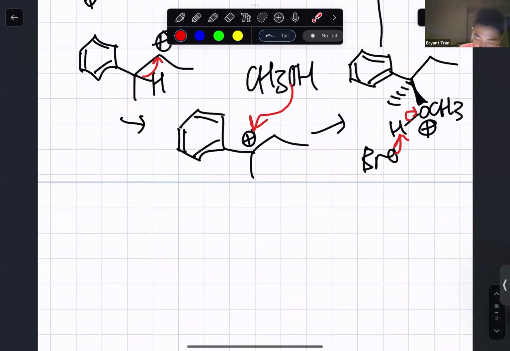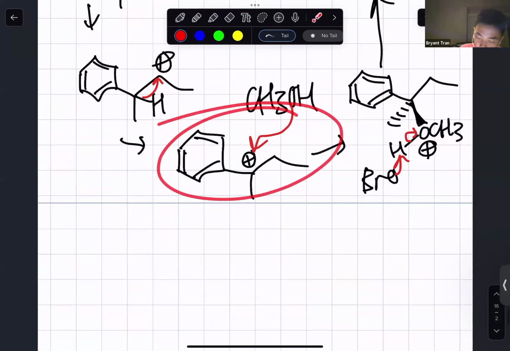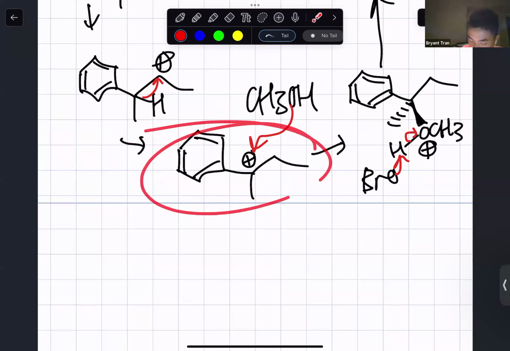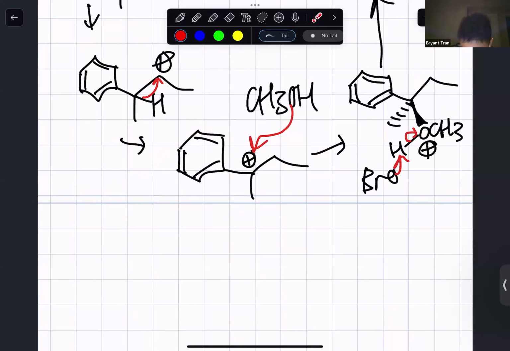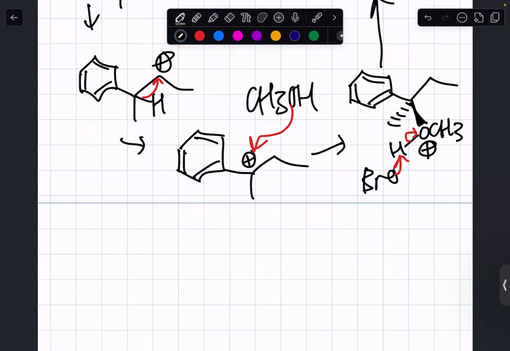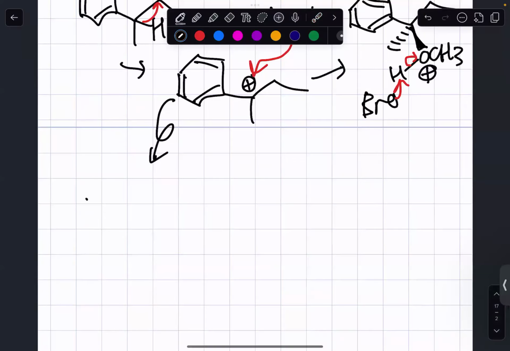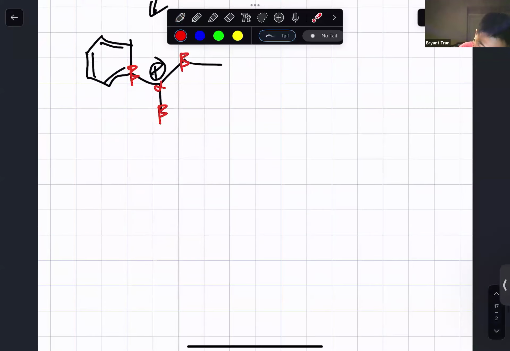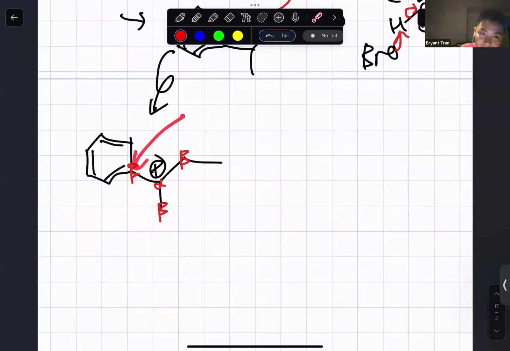For E1, let's start with the more substituted carbocation here. What are you looking for in the E1 mechanism here? The most substituted beta proton. So this is the carbocation. This is the alpha carbon. These are the beta carbons. This beta carbon here is the most substituted beta carbon, but there are no hydrogens there to grab.